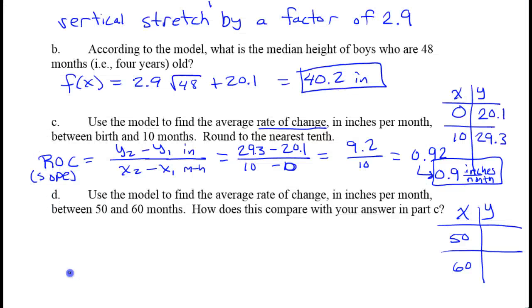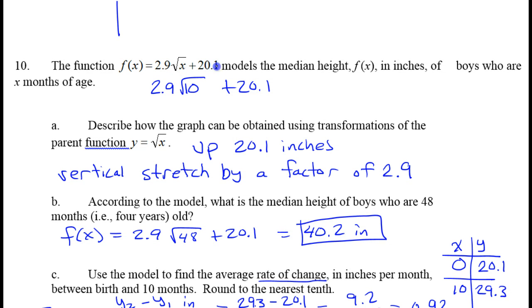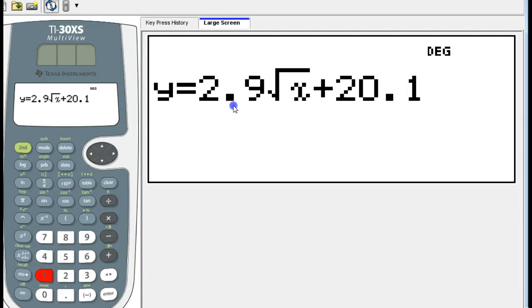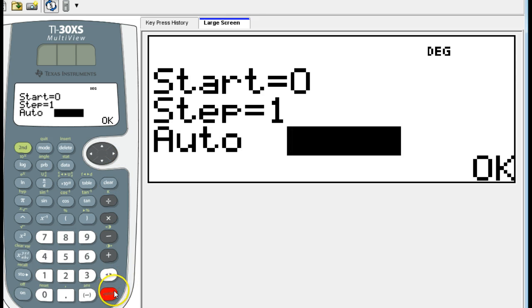Do I have that right? 48 was for that particular problem, that's why it was in my head. But the formula in general is 2.9 square root of x plus 20.1. So using this in our table function, I am going to use ask mode, so I can just cut to the chase and ask it whatever I want.